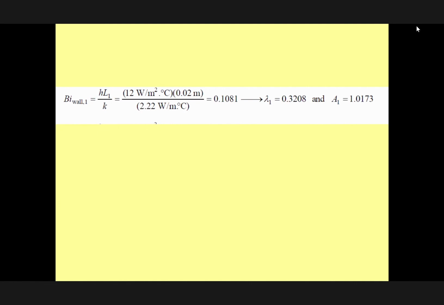Therefore, there is a much higher possibility that the melting occurs in this corner. Do you agree with me that the melting occurs on the surface first? Do we agree? Okay.